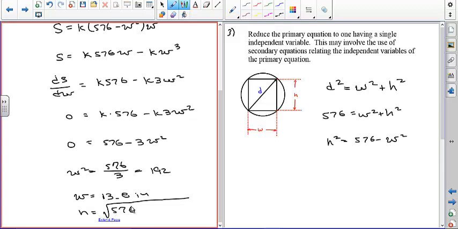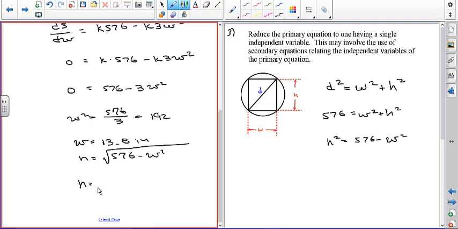So once you solve for w, then you can go back. You could solve that for h. So there you go.